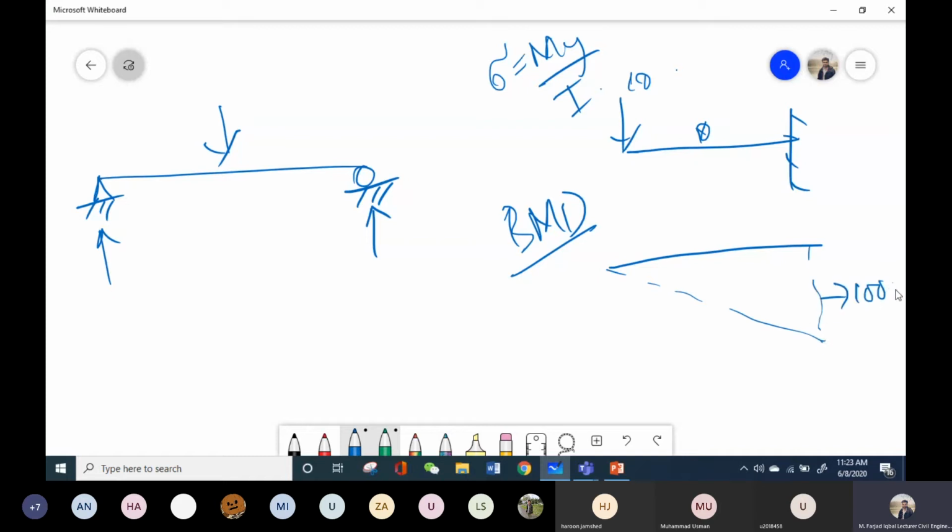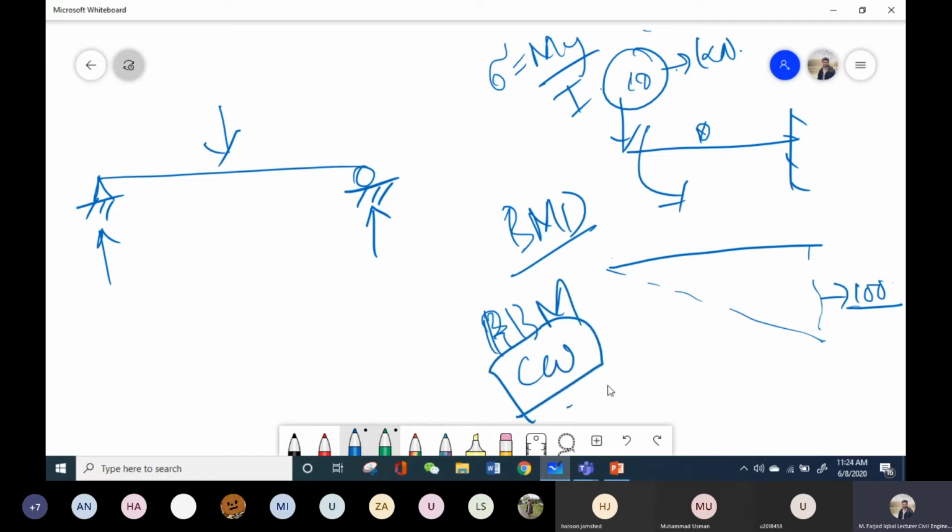Now the value of this maximum bending moment is 100. So which force is producing this maximum bending moment? This 10 kilonewton, right? And in which direction? Obviously this 10 kilonewton is producing the bending in counterclockwise direction. So we have to take the resistive bending moment, which is obviously in the clockwise direction.